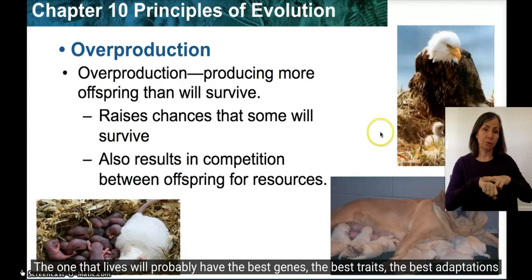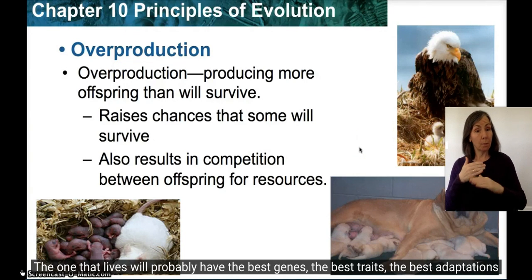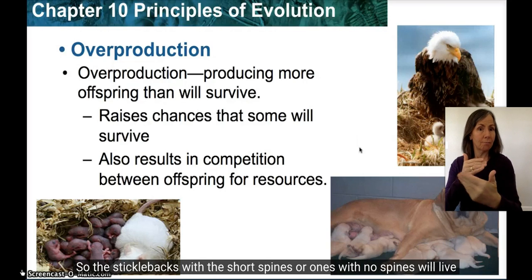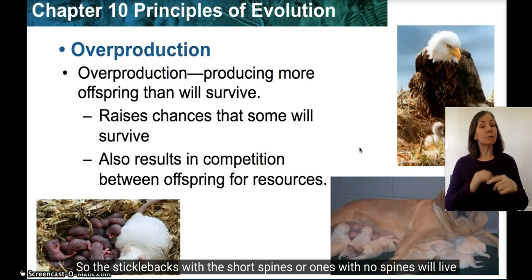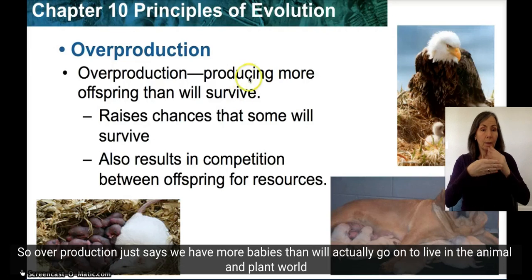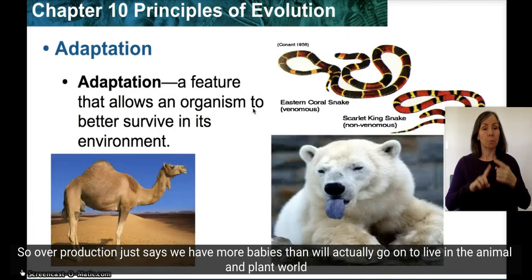The one that lives will probably have the best genes, the best traits, the best adaptations. So the sticklebacks with the short spines or ones with no spines will live. So overproduction just says we have more babies than will actually go on to live in the animal and plant world.